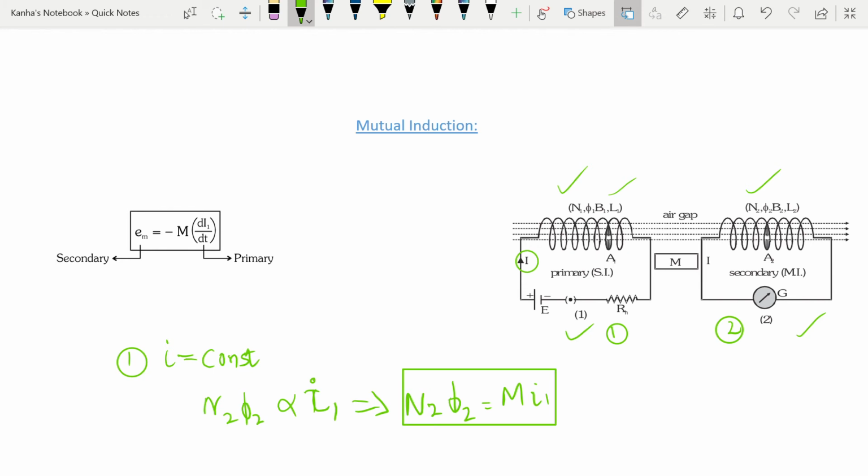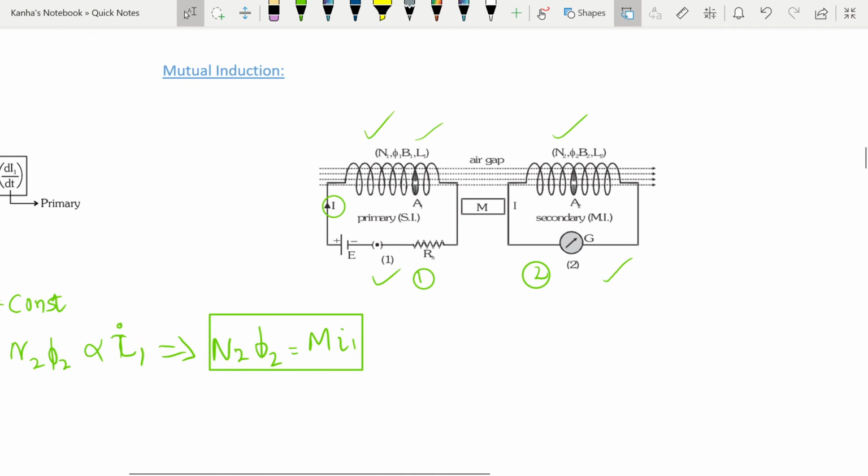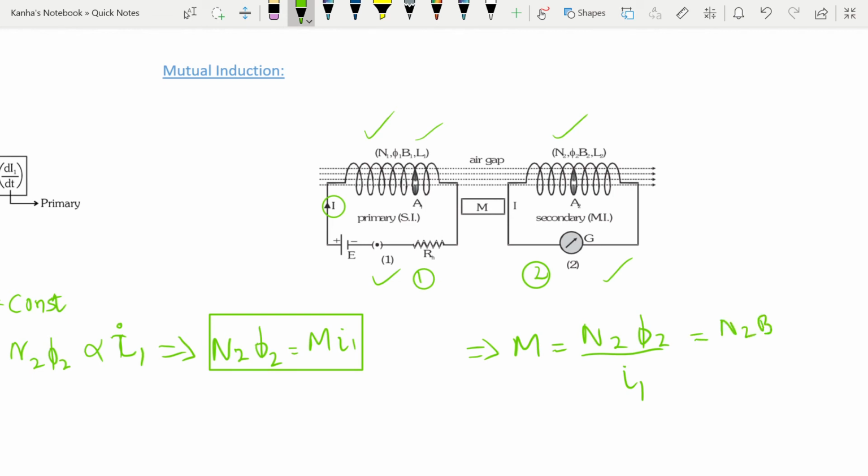With this in the picture, I can easily define my coefficient of mutual inductance. I just need to substitute for what phi is. So my M is nothing but N2 into phi 2 divided by I1, the current in the first coil, which is nothing but N2 into B2 into A2 divided by I1.